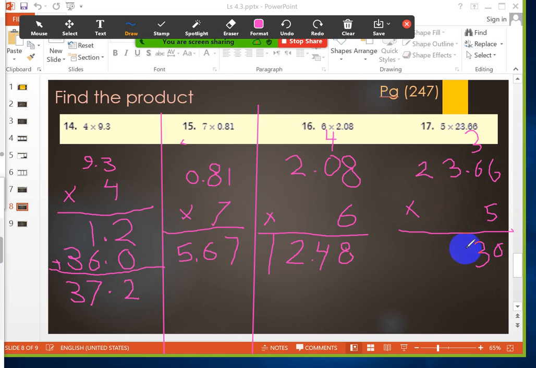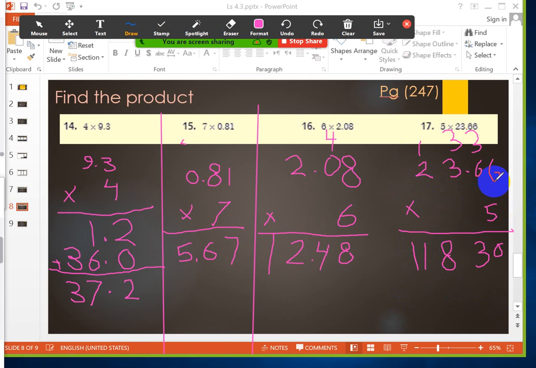So I put 3 here and 3 above the ones. 5 multiply 3 equals 15, plus 3 equals 18. I will put 8 here and 1 above the tens. 5 multiply 2 equals 10, plus 1 equals 11. So I will put 11 here.